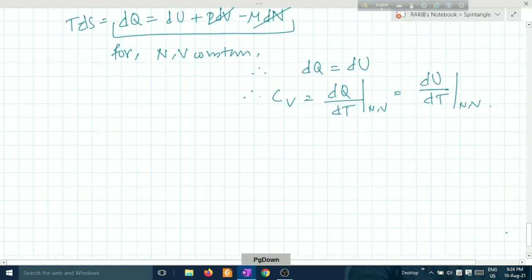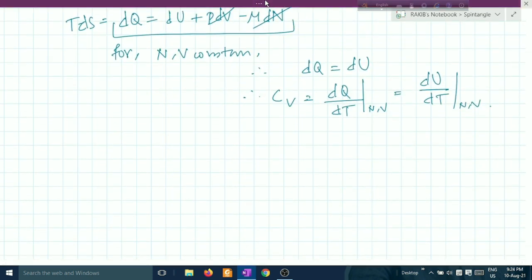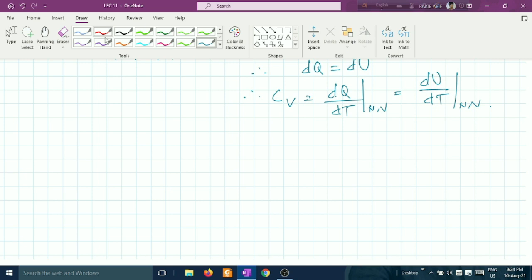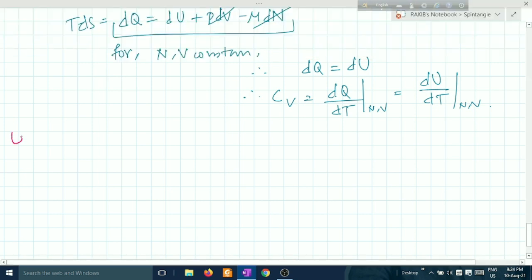Now, going to the next point called Cp. How to calculate Cp?